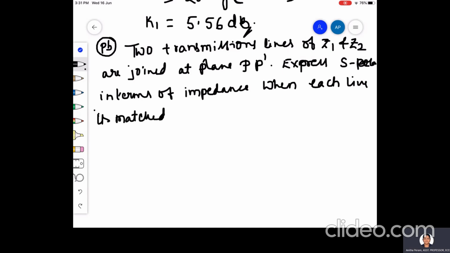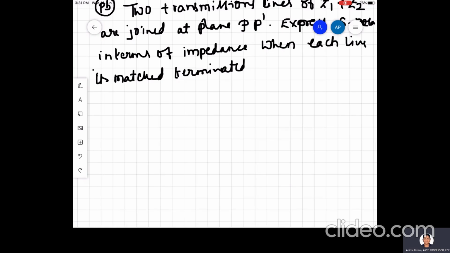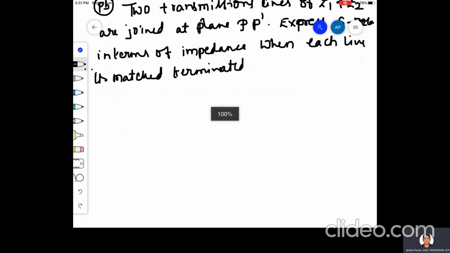Before you solve the problem, imagine that and draw the equivalent circuit. Then you can solve the question easily. You can find the solution for the given problem easily.